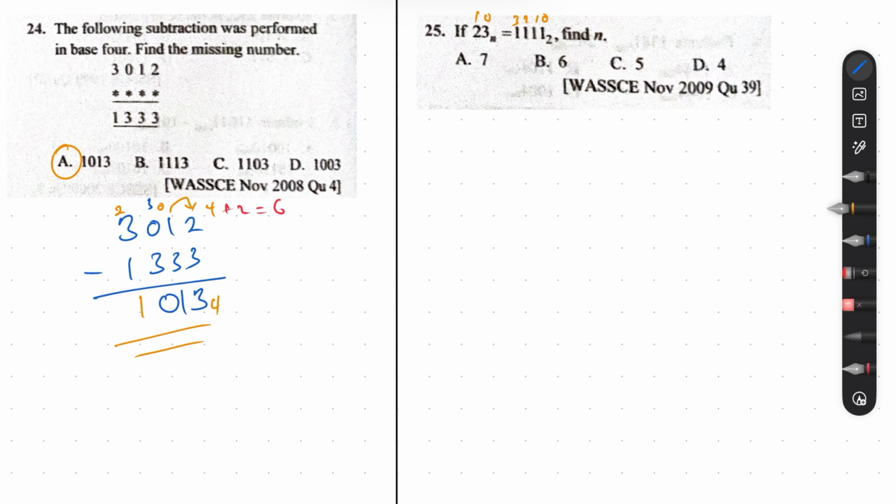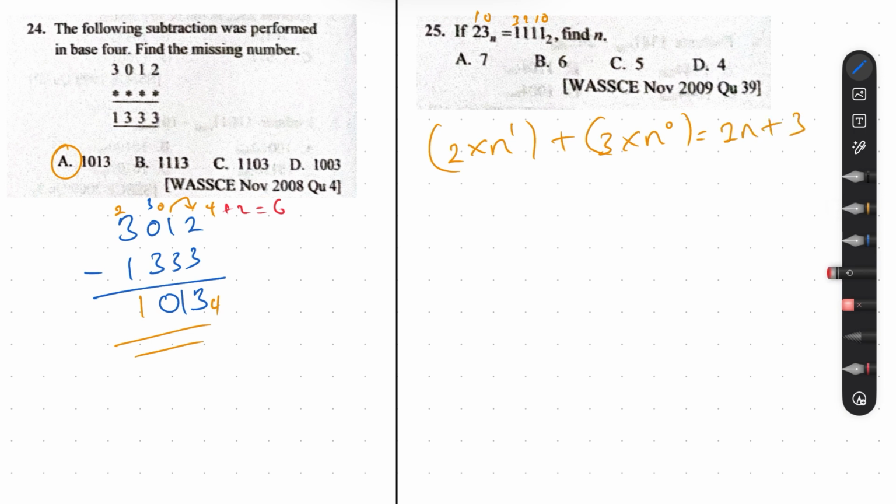So we convert the first one, 2, 3 base n, to base 10. How do you do that? So 2 times n power 1 plus 3 times n power 0. That will give us what? 2n plus what? 3. Cool.